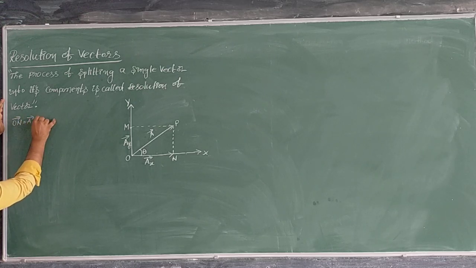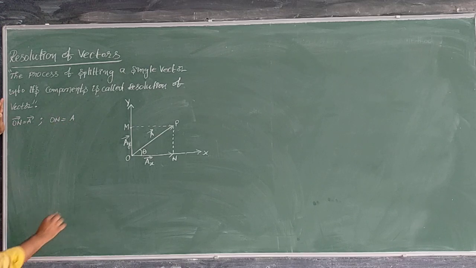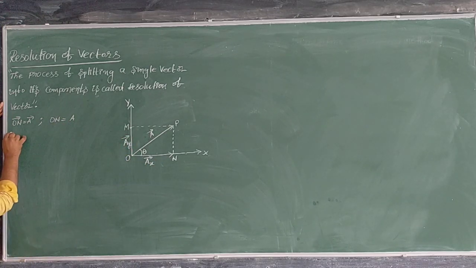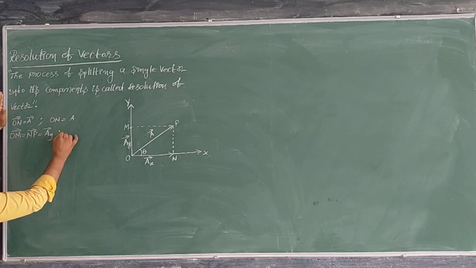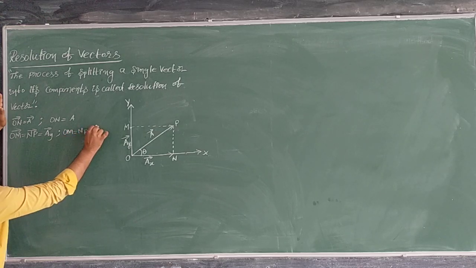Now from this we can write ON bar is equal to a bar. Here ON is equal to a. Next, OM and NP both are parallel. OM bar is equal to NP bar, which equals ay bar. Of course, this is in vector form. In magnitude form, scalar form, we can write OM is equal to NP is equal to ay.